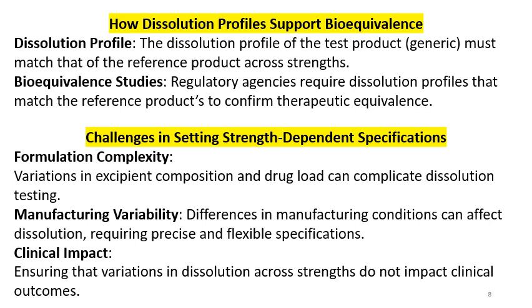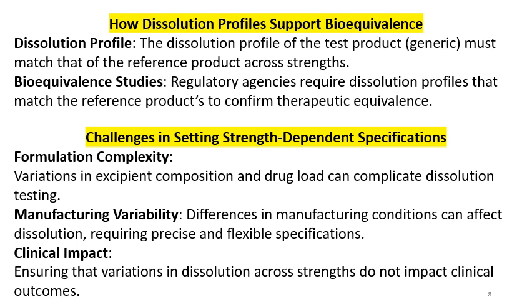If the product is a lookalike type of formulation, like 50 mg having a tablet weight of 200 mg, and 25 mg also having a tablet weight of 200 mg, so it is a lookalike type of formulation. In this type of formulation complexity, it becomes difficult to have a strength dependent specification. Another one is manufacturing variability.